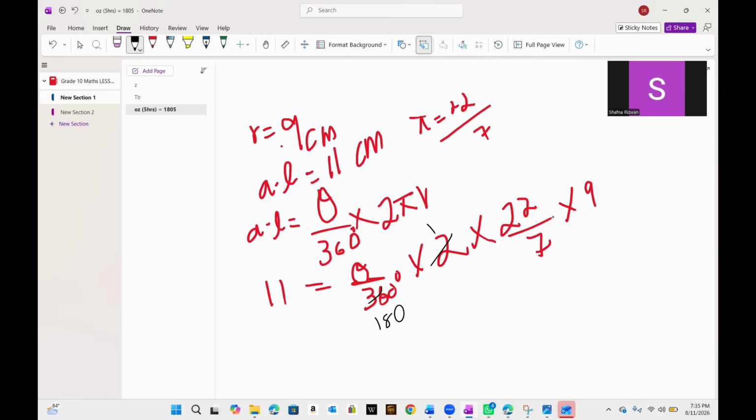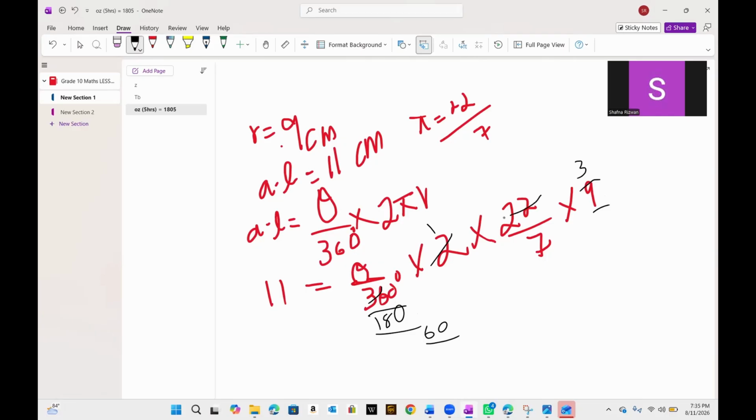Again, here 180 and 9 you can cancel. 9 divided by 3 is 3. 180 divided by 3 is how much? 60. And then 18 divided by 3 is 6. 0 is here, so I have put the 0. And again, 22 and 60 I can cancel, right? By which number? 2.